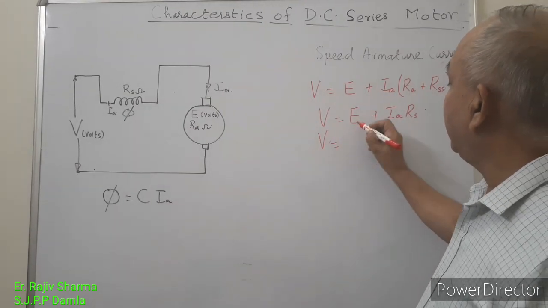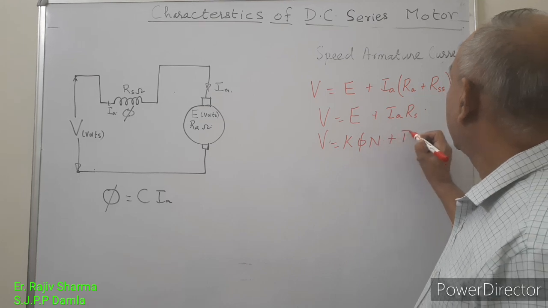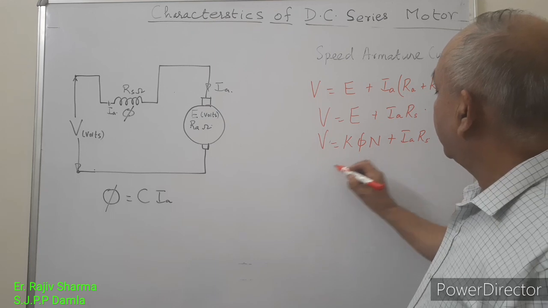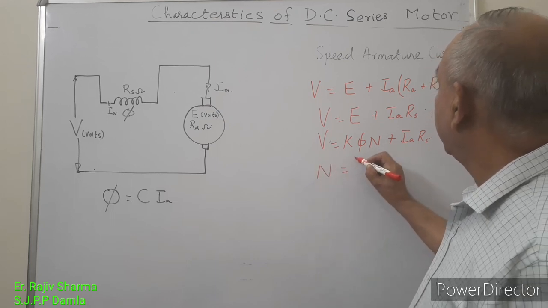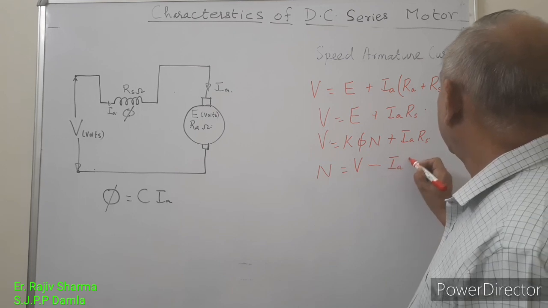V is equal to E is K phi N, or N is equal to V minus Ia Rs.